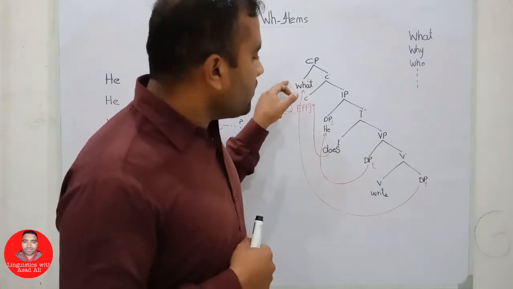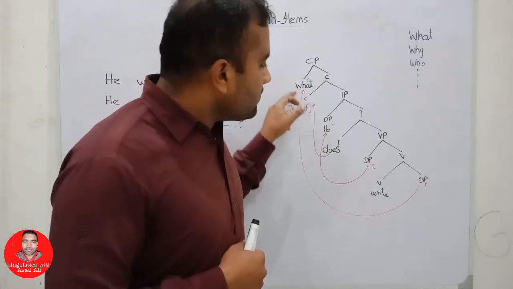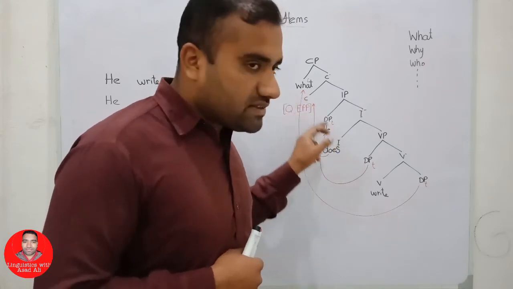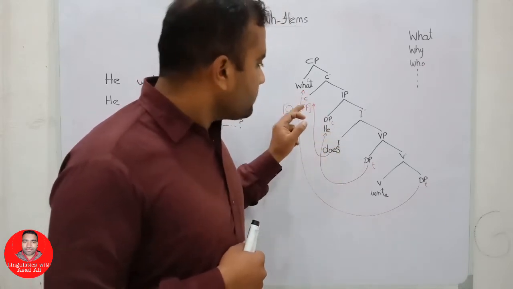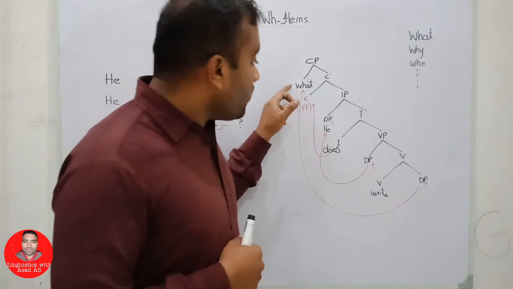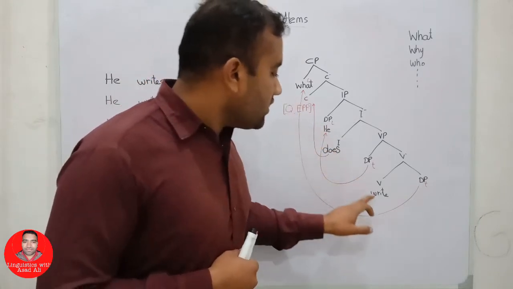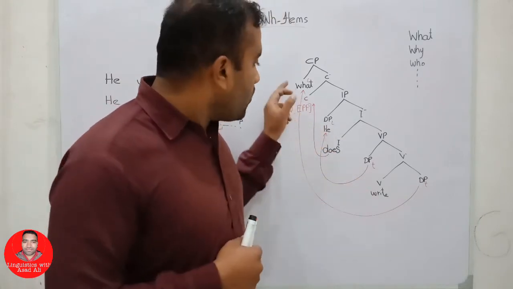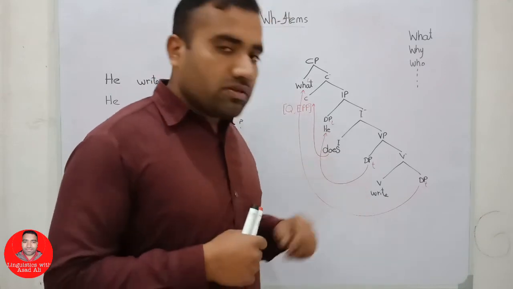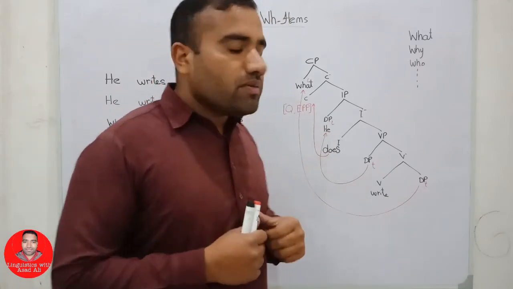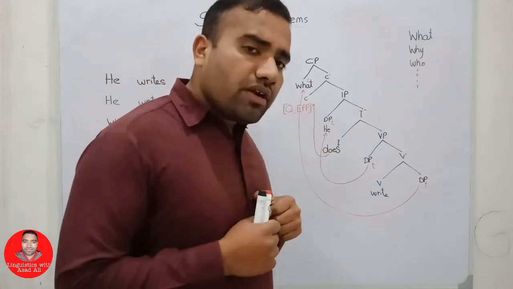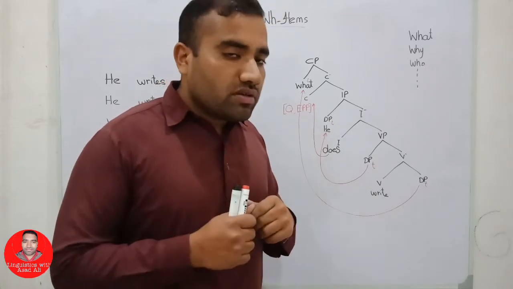This is the reason for the sentence structure. Our sentence structure would be "what he writes" or "what he does write". This is not a grammatical structure. This is ungrammatical. What is the reason?